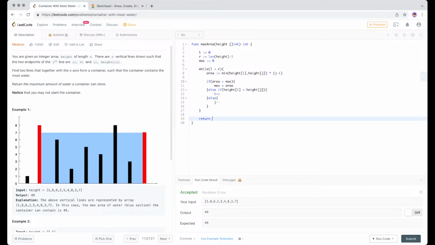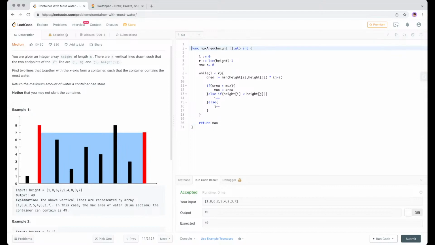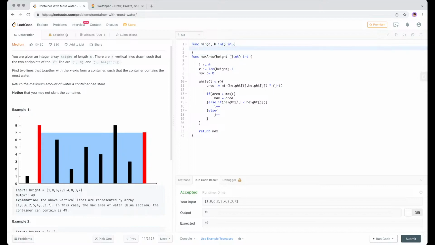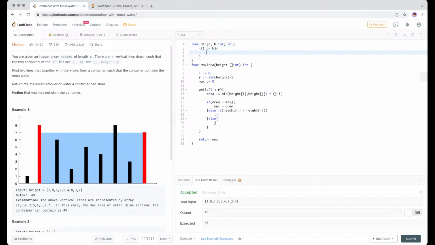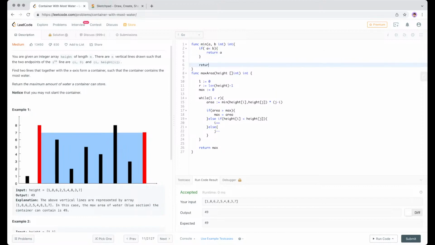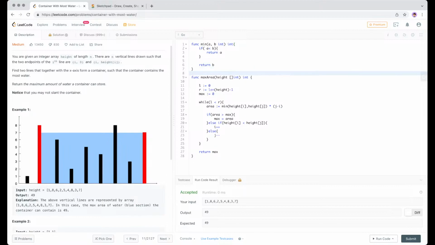Return max, and you need a min function. Golang doesn't have a min for int; it has a min for float. In this case we're using integers, so you could cast it, but I don't think it's necessary. That's it, your solution. Try it out, see if it works.